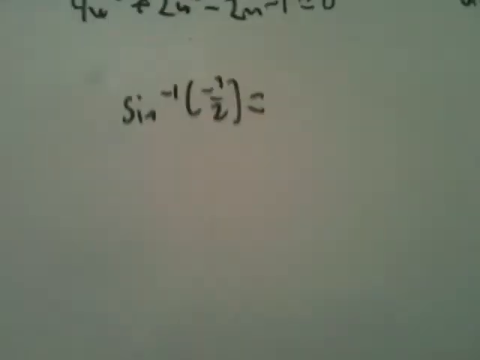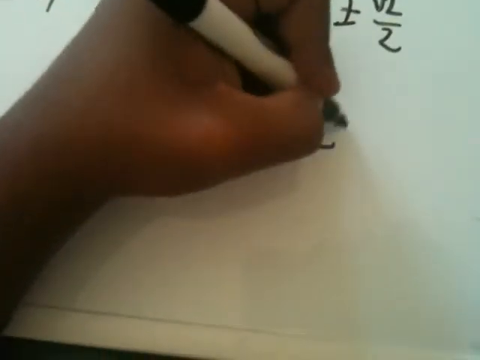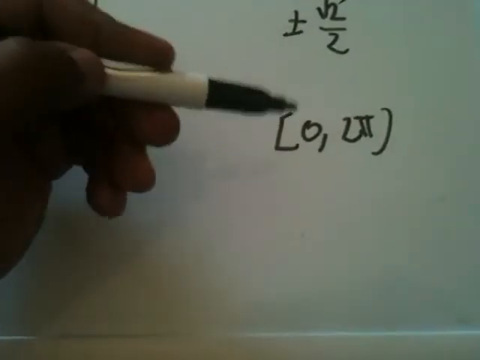So, inverse sine of minus 1/2 is equal to, well, from the unit circle, 7 pi over 6 and 11 pi over 6. Remember, we're still solving in the interval of 0 to 2 pi.